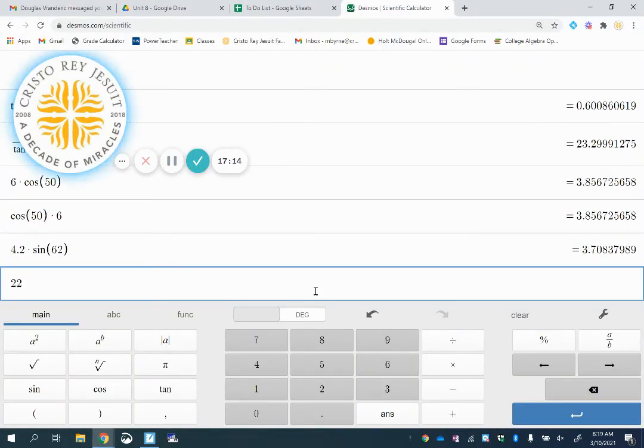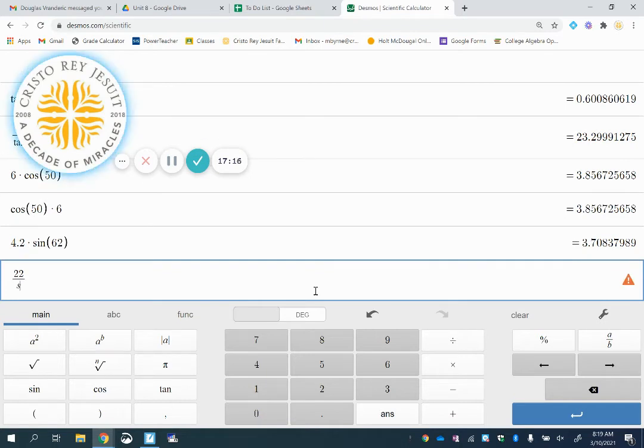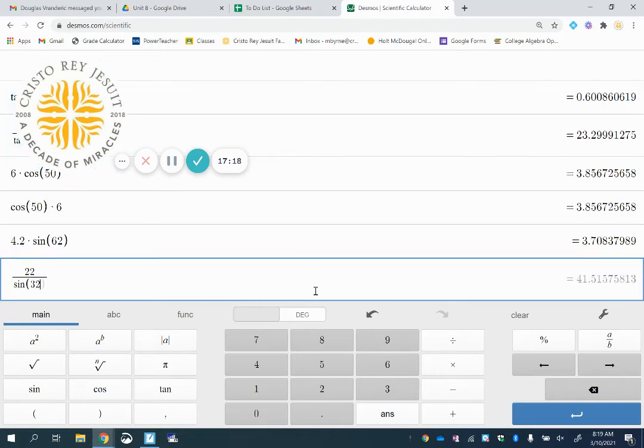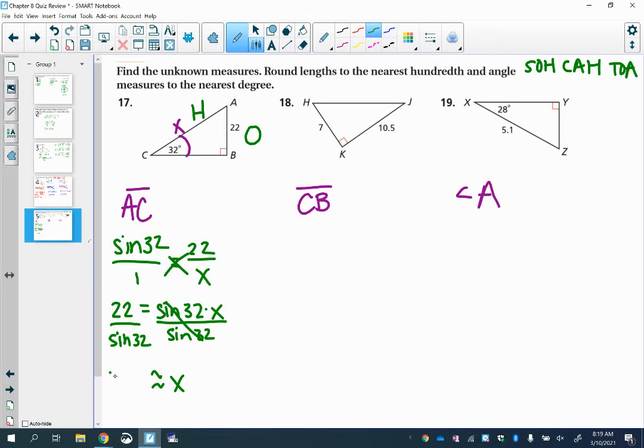So 22 divided by sine 32, which gives me 41.5. Okay, so that is the hypotenuse. So now what I'm going to do is I'm going to erase and just label this 41.5.